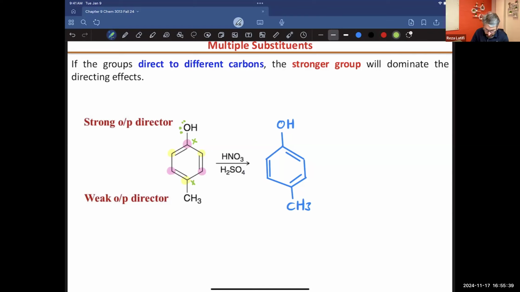Now, yellow is favored by hydroxide, and these two are favored by methyl. Where do you want to add the NO2, or nitro group? You should add it here. This is going to be the major product. And can I have, for example, this product?